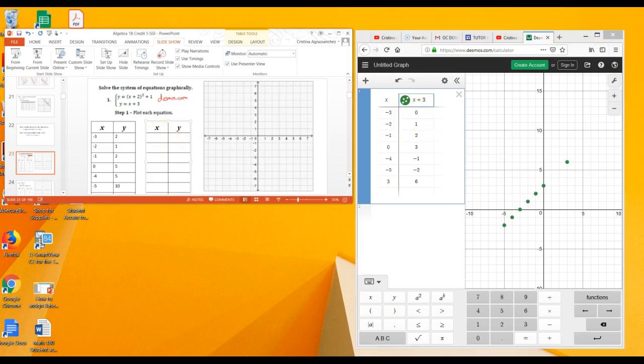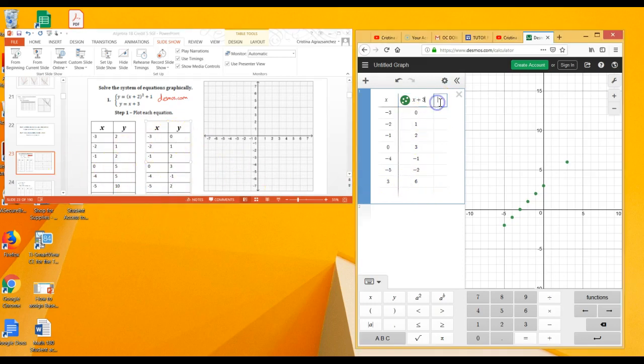So we can jot those in: -3, 0; -2, 1; -1, 2; 0, 3; -4, -1; -5, 2. And we can plot these out.